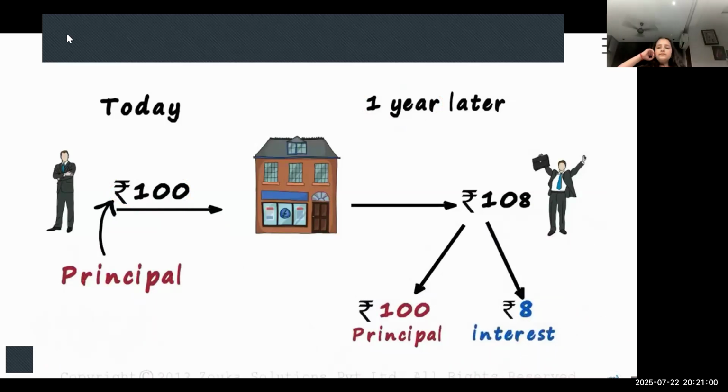And what Edward gets after a year is 100 rupees of principal and 8 rupees of interest. So the bank is paying interest to Edward for allowing it to keep his 100 rupees for a year. And the sum of these two is called as the amount. The amount always equals the sum of the principal and the interest. Since Edward got 8 rupees on his investment of 100 rupees, we say that he got an 8% rate of interest.